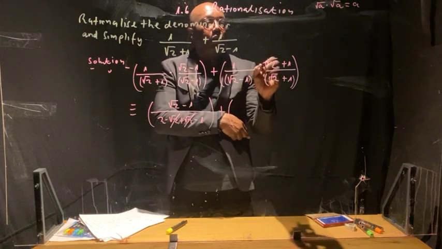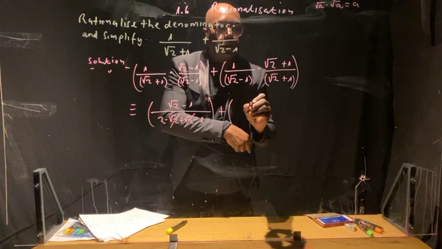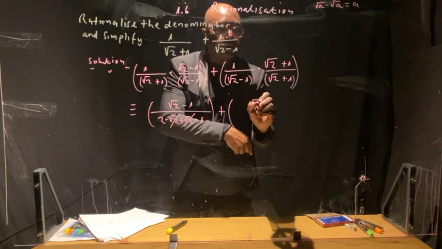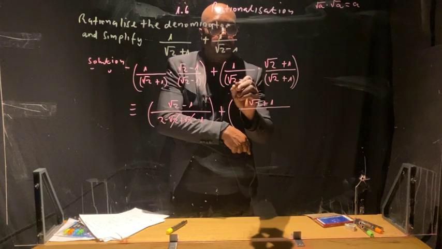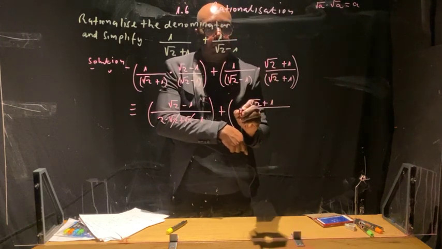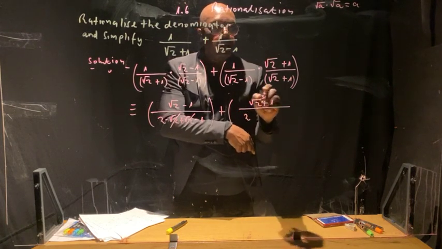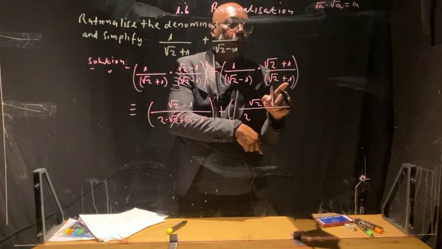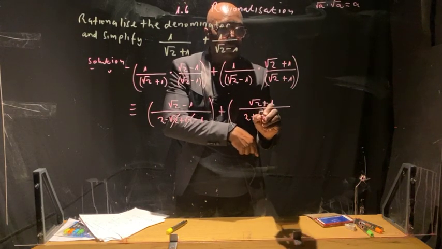This one, 1 multiplied by the whole thing is equal to root 2 plus 1 as the numerator. And root 2 multiplied by root 2 is equal to 2, as we've already explained. Root 2 multiplied by 1 is root 2.